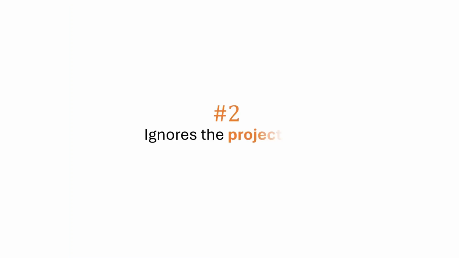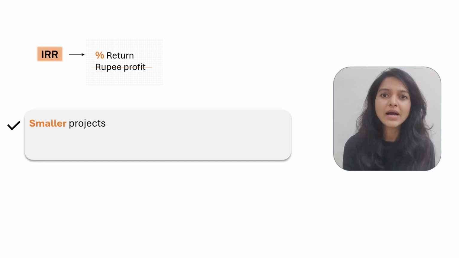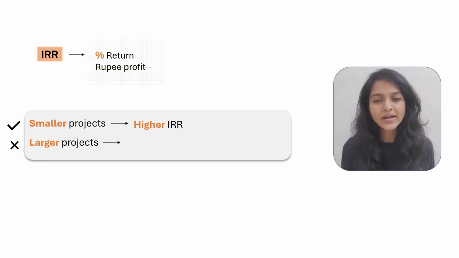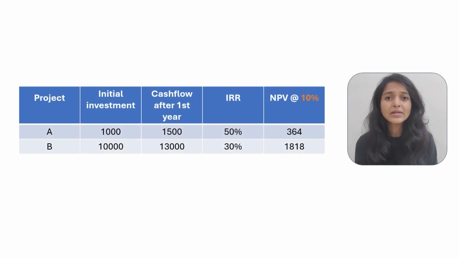Second point is it ignores the project size. So IRR tells you the percentage return and not the actual rupee profit. And because of this, it might favor the smaller projects with the higher rates of return, even though the larger projects with a lower IRR yield greater rupee profit. For example, we have two projects, one small and one big, with their NPVs and IRRs calculated respectively.